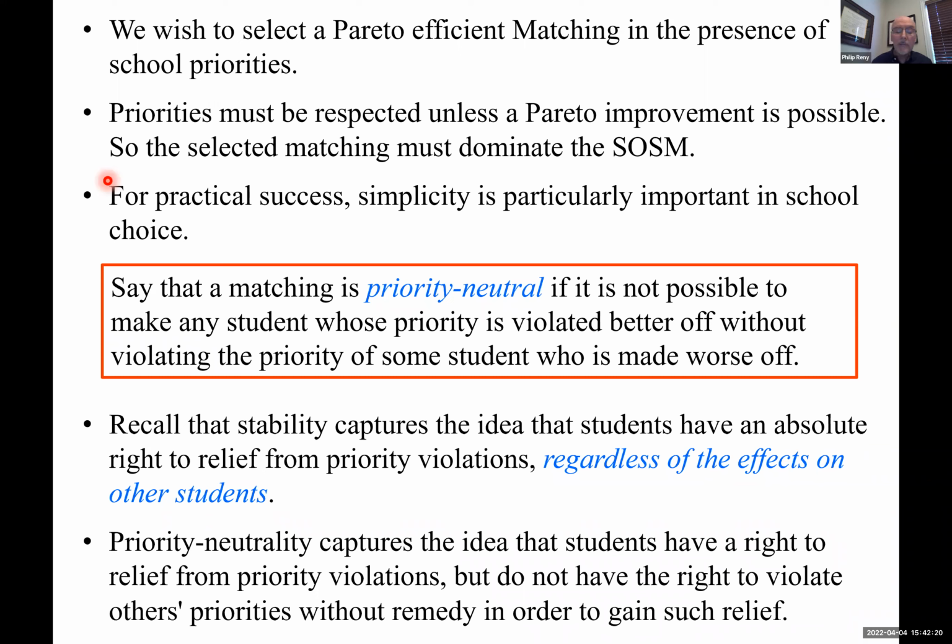But in seeking relief from your own priority violation, you can't violate someone else's priority and make them worse off. That's not okay. You don't have the right to do that. Okay, that's priority neutrality.